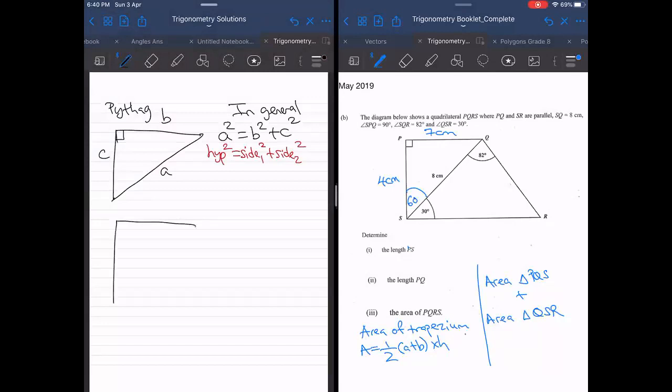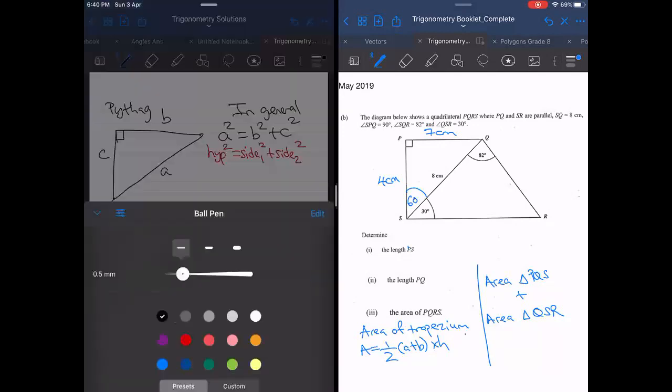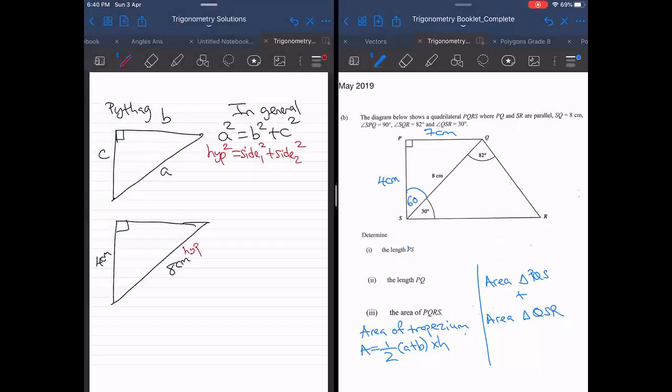So when I get this, where this is 4, and this is 8, and of course, we know this is the hypotenuse, we are saying that 8 squared is equal to PQ squared plus 4 squared. It doesn't matter which one you call b or c, you just can't switch where the a is, because that's the hypotenuse, but the other 2 sides don't matter.